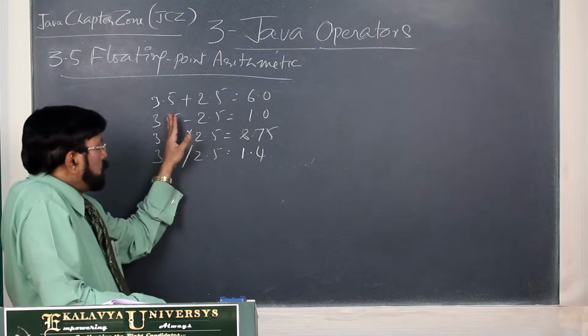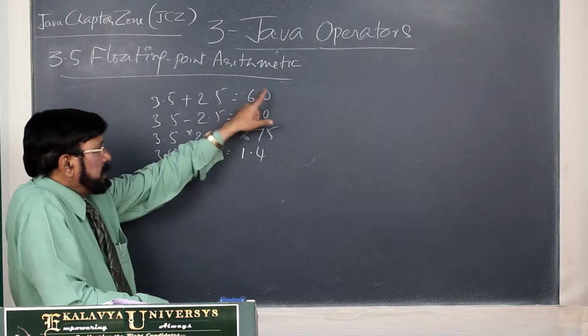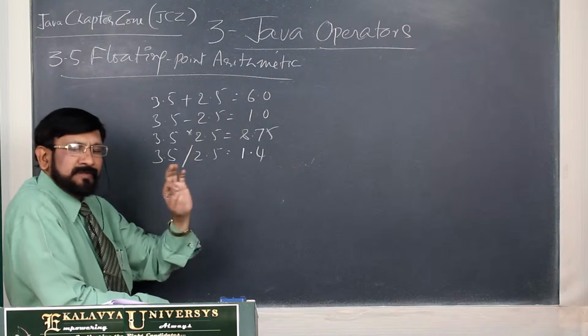So, float versus float, any type of arithmetical operation you perform, the type of the result is always float, you must remember.